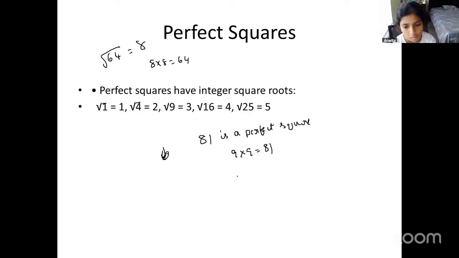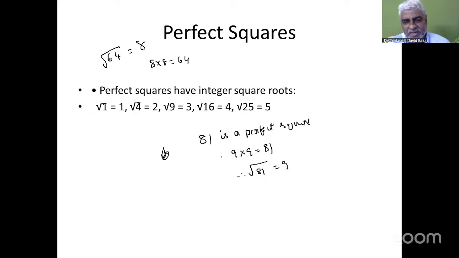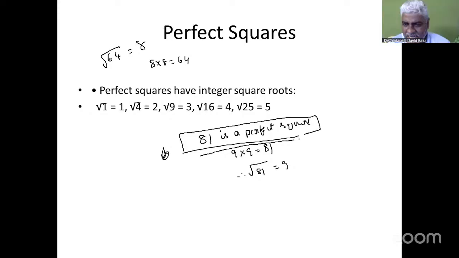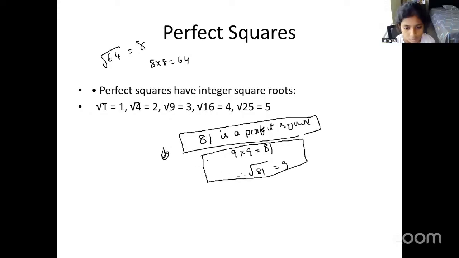Therefore, the square root of 81 is equal to 9, right? Yes, sir. The first box is one statement, the second box is another statement. You must be aware of the difference between these two concepts, right?